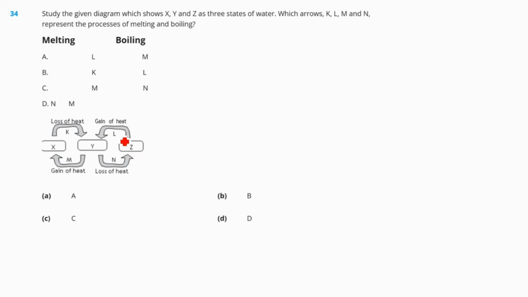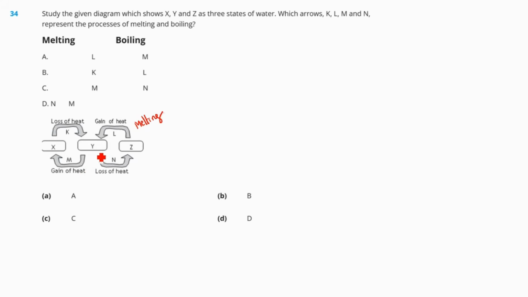So here the process of melting, so Z gains heat and becomes L. So this can be melting, L can be melting, and gain of heat becomes X. Water again represents the processes of melting and boiling.